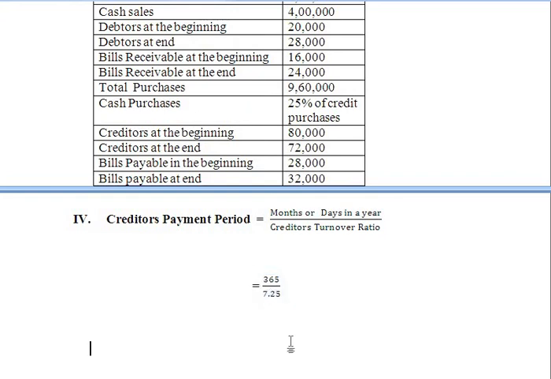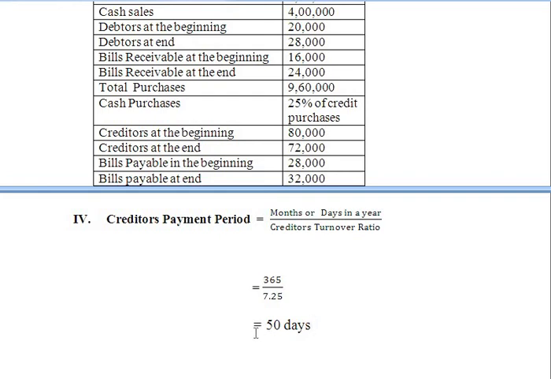So calculate 365 divided by 7.25. The answer is 50 days.